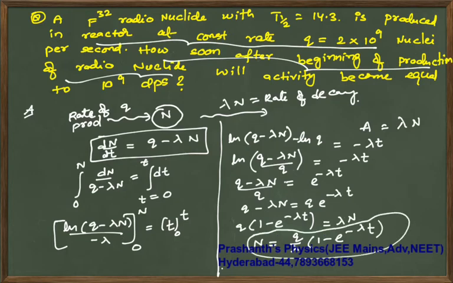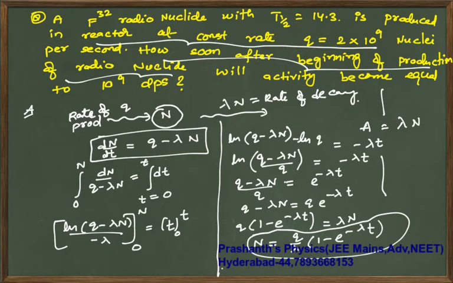So you get the value of n. You can substitute the value of Q, and because T half is given, you can calculate the value of lambda. Once you have everything, simplify, and you will get the value of n.